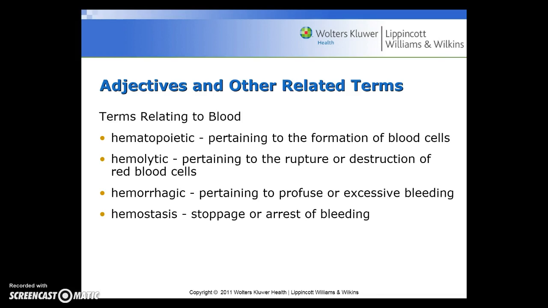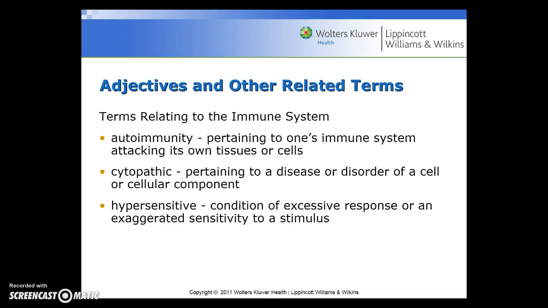Hemorrhagic is pertaining to profuse or excessive bleeding. Hemostasis, stoppage or arrest of bleeding. Autoimmunity is pertaining to one's immune system attacking its own tissues or cells. Cytopathic, pertaining to a disease or disorder of a cell or cellular component.